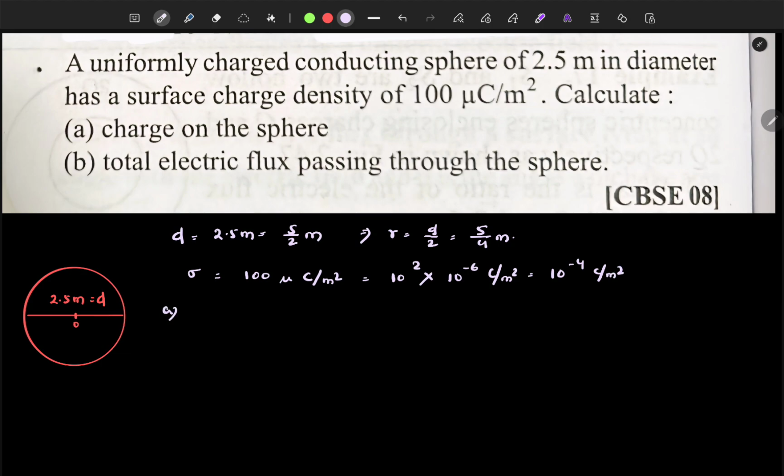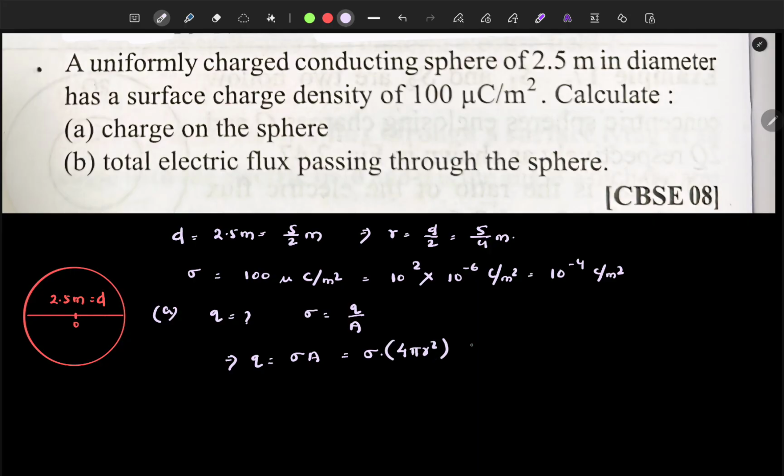In the first bit it is asking the charge on the sphere, Q. We know sigma is equal to Q by A. So what will be the value of Q? Q is equal to sigma into A, and A means the surface area, 4 pi r square.